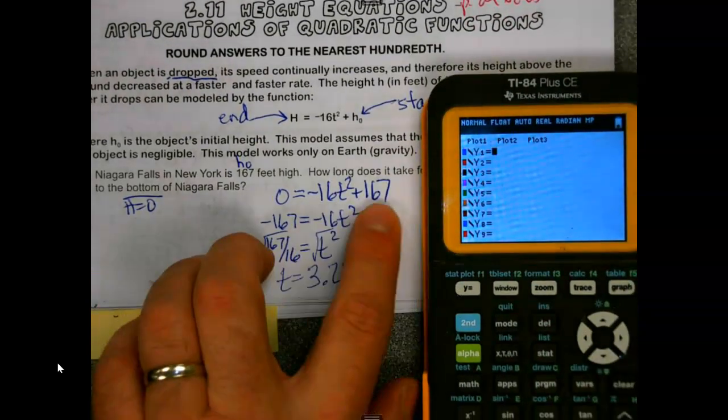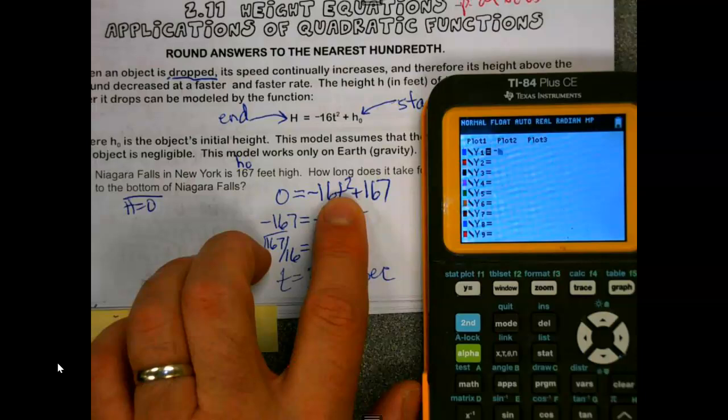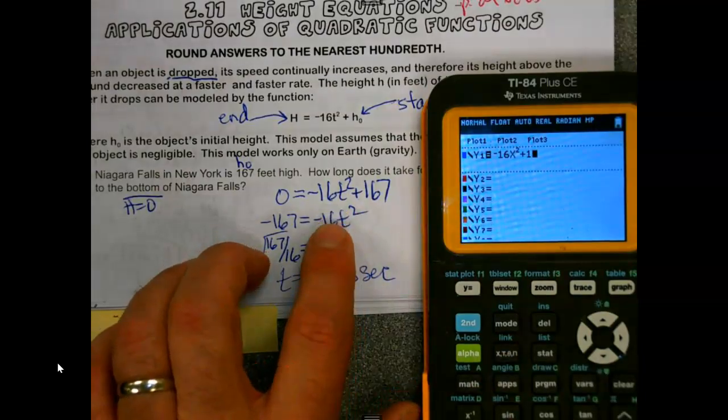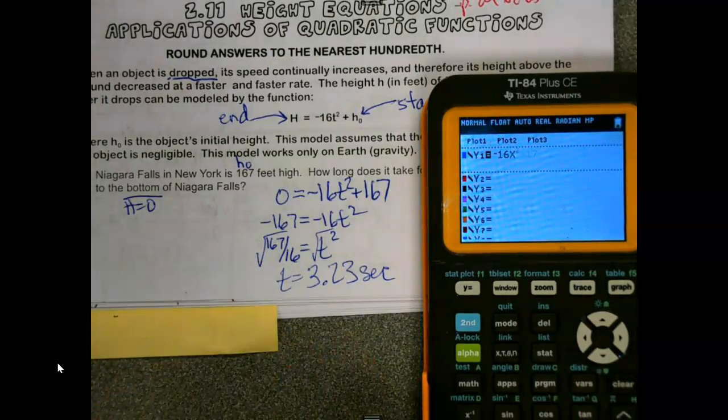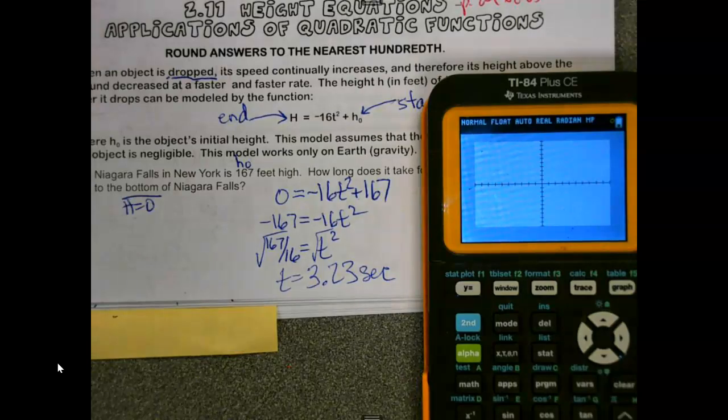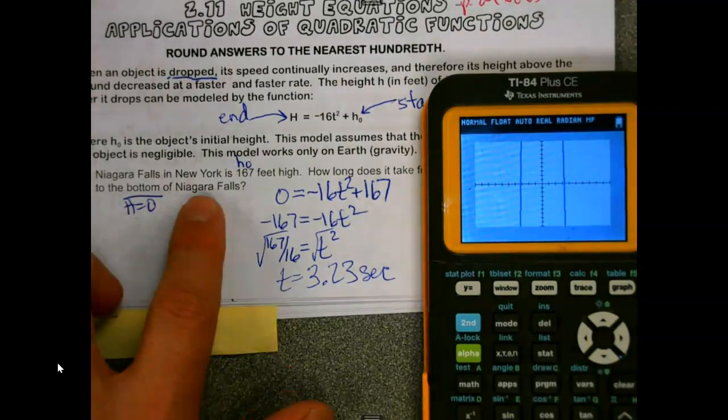I can take this part of my equation and put it into the y equals of my calculator. But I have to be able to understand what I'm looking for. Here's the bottom of Niagara Falls.